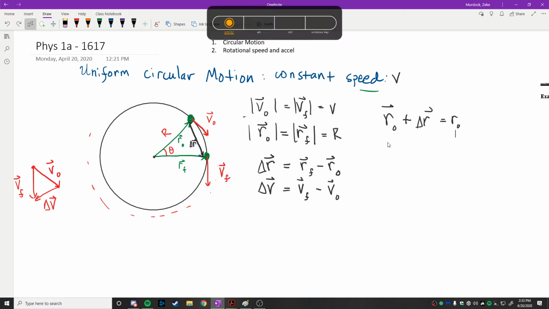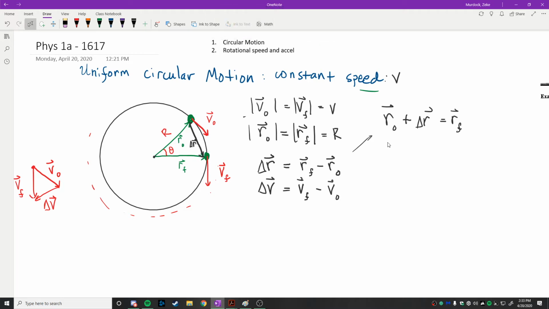Oh, whoops, my bad. R final here, right? It should be pretty clear how you get from there to there then, right? You just need to subtract the r initial to the right-hand side. Okay, does that make sense to everybody? You don't have any questions about that? Okay, and then you can do the same thing over here for delta v.